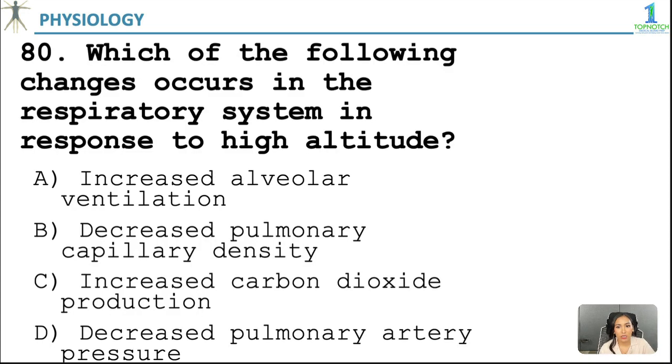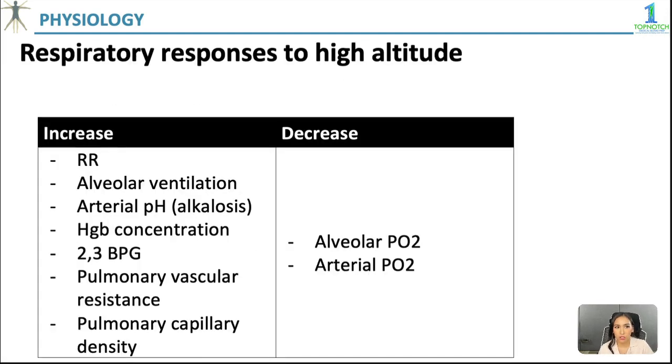Okay? And number 80, which of the following occurs in the respiratory system in response to high altitude? And the answer is A, increased alveolar ventilation. So very high yield ito, no, respiratory responses to high altitude.